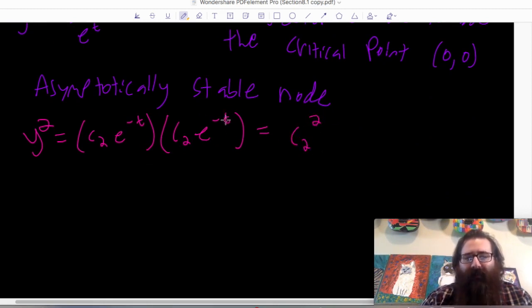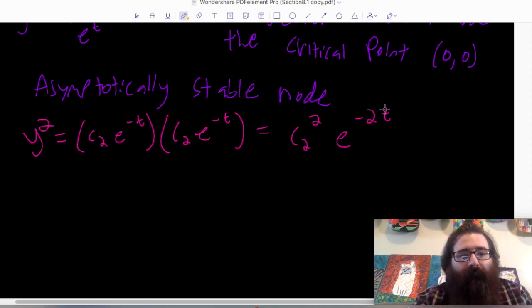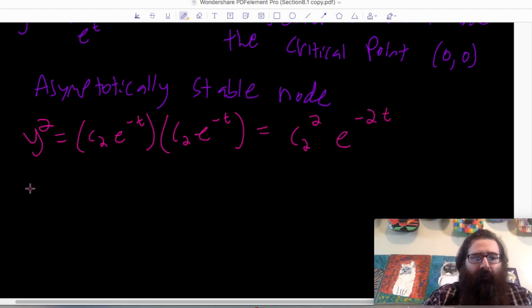And then e to the minus t times e to the minus t, we would keep the base and add the exponents. That gives me e to the minus 2t. So here we get y squared equals c sub 2 squared times e to the minus 2t.